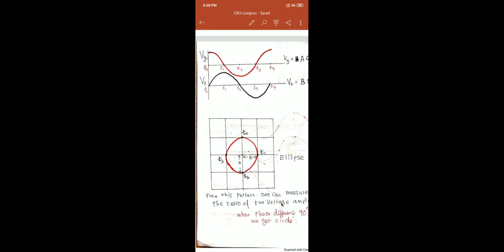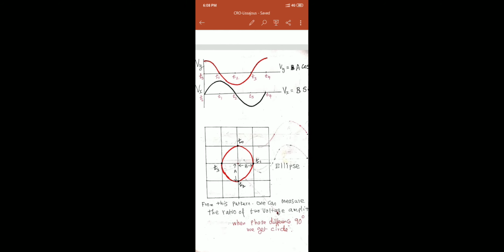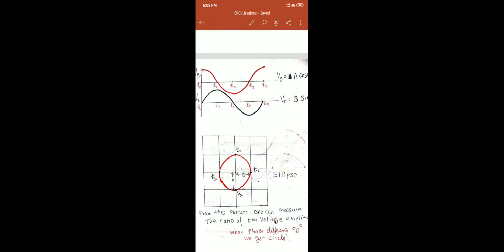How does this circle appear? See, at t naught, Vx is 0. That is, the horizontal deflection is 0 and Vy is maximum.